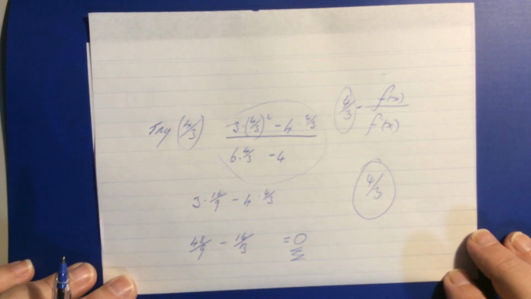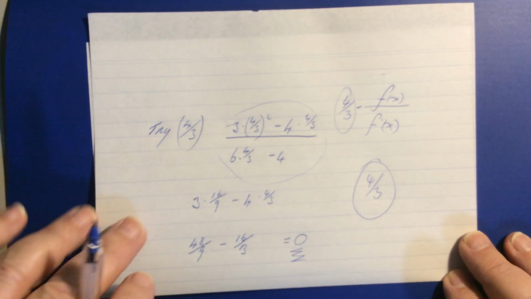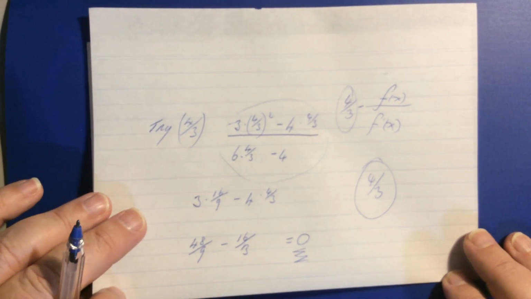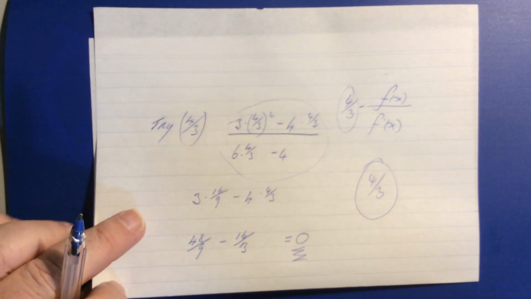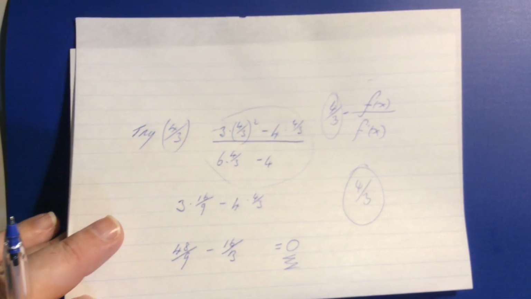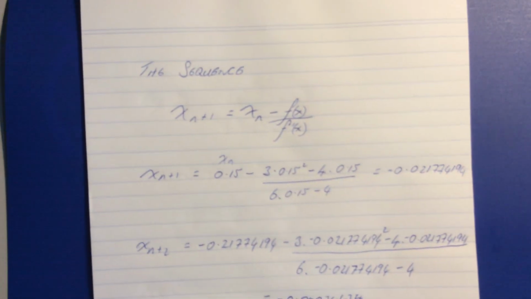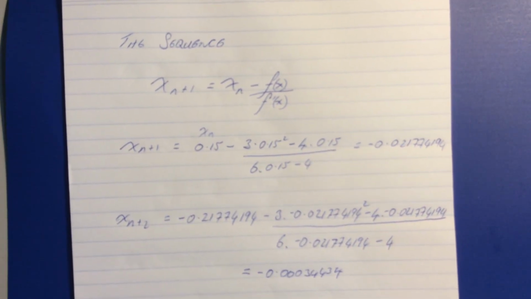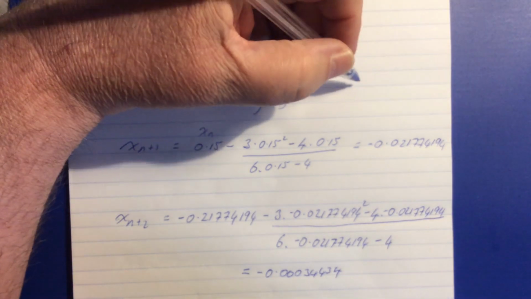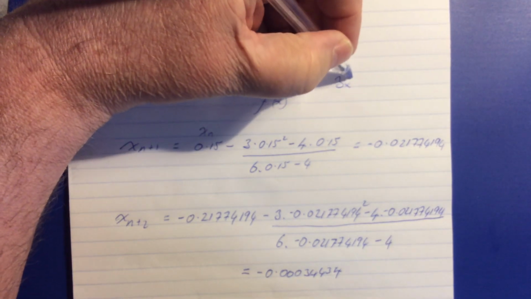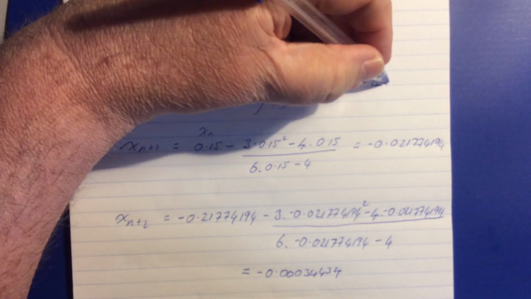Right, so let's have a look at the sequence, and we'll try a couple, and hopefully you'll get to see how this thing actually works. More pieces of paper, I'm afraid. This takes a bit of explaining. So here's an extract of a sequence involving the function 3x squared minus 4x.